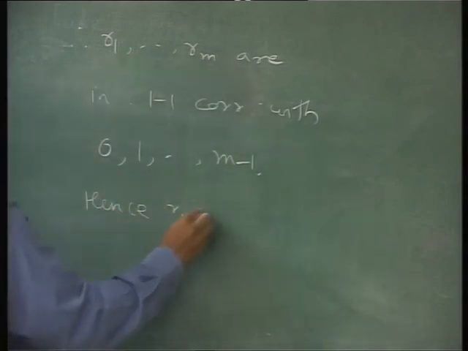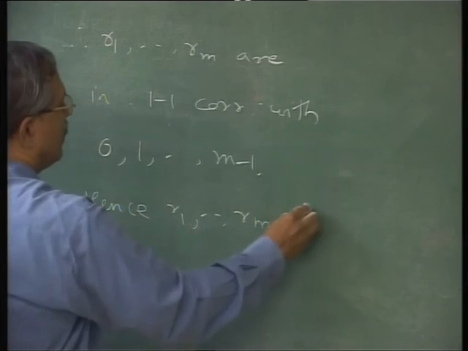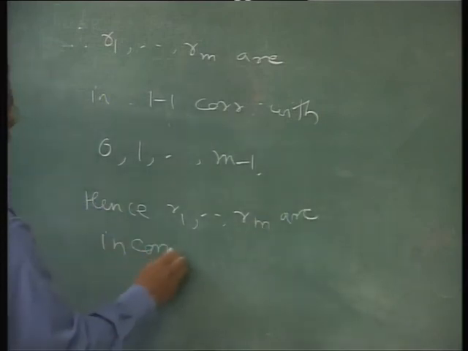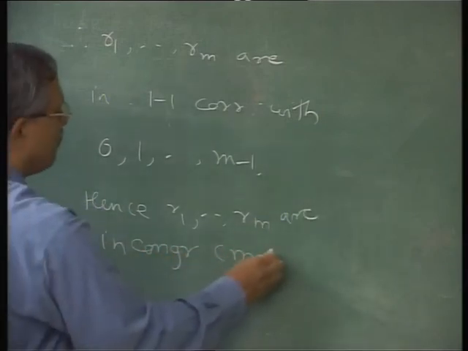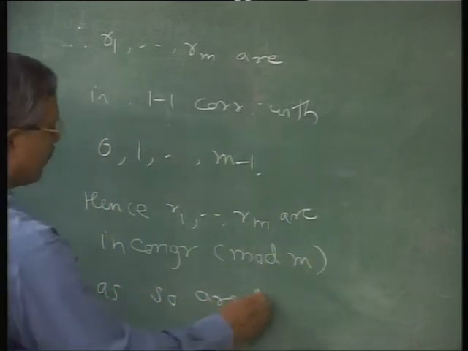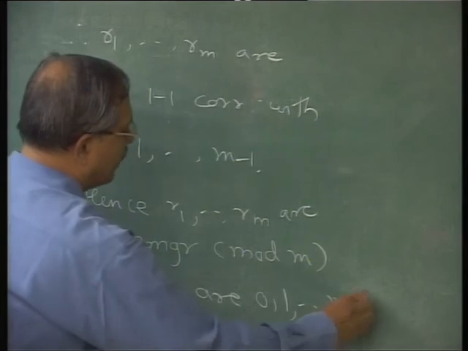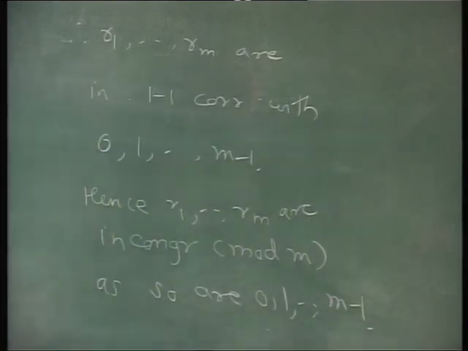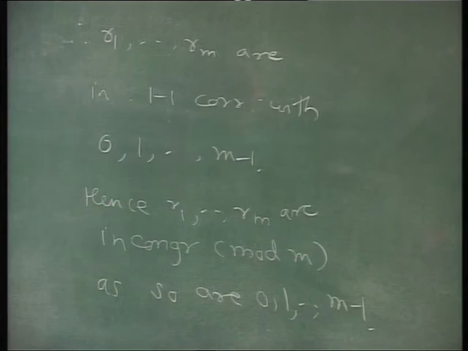Hence R1, R2, Rm are incongruent mod m, as so are 0, 1, etc. m minus 1.